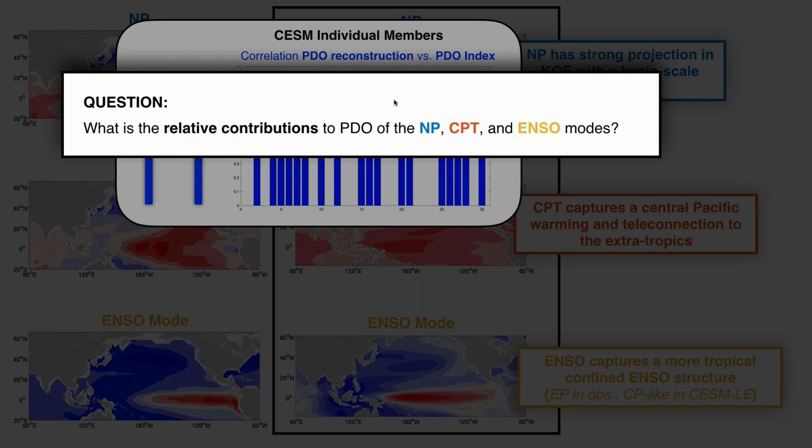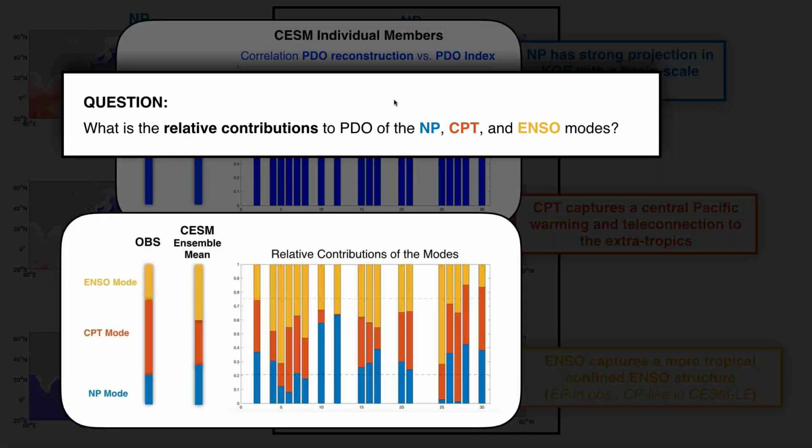Next is the relative contribution to the PDO of these three modes. This different kind of bar is for the A, B, C weights, the same as with the correlation. This is for observation, with the weights for each mode, this is the ensemble mean, and this is for the individual models.